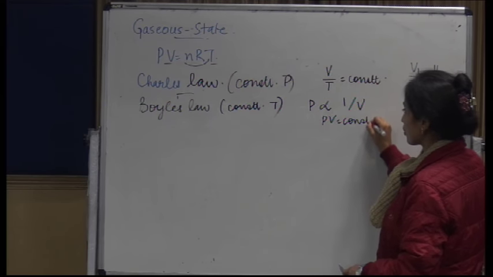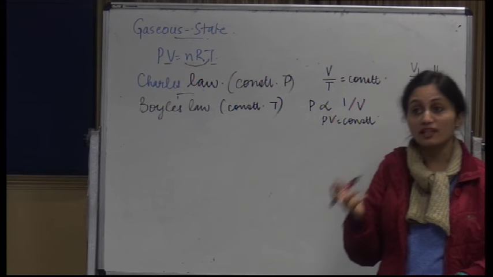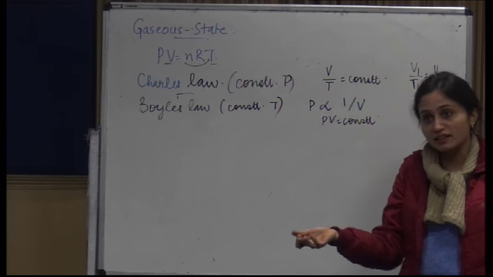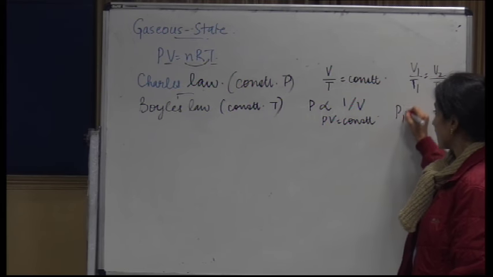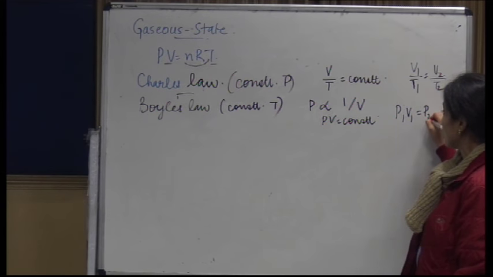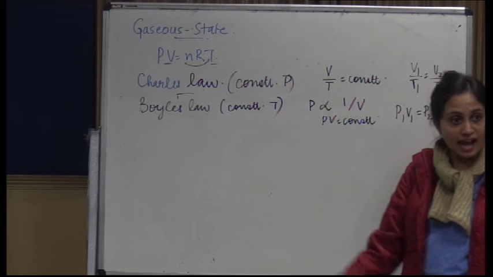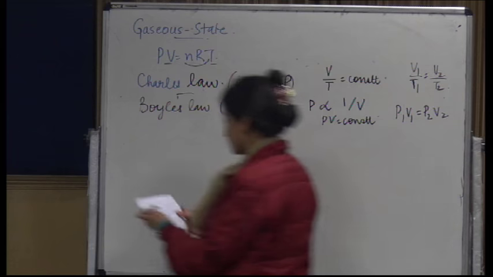From the numerical point of view you can be given the initial values and the final values, so you have to remember that P1 V1 is equal to P2 V2. Whatever is given in the question, you can have a look at it and decide what is to be substituted where.